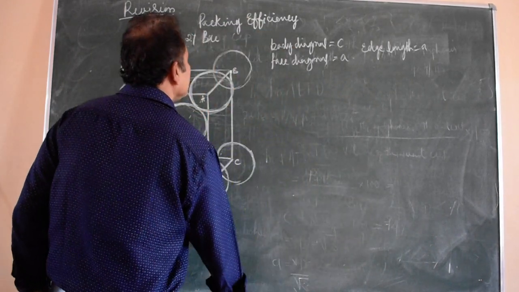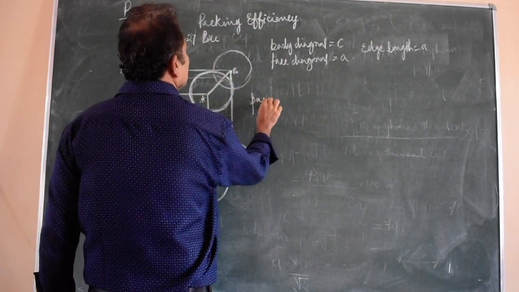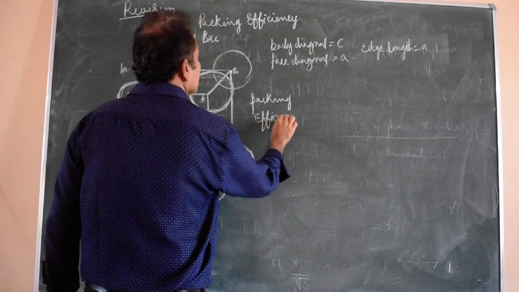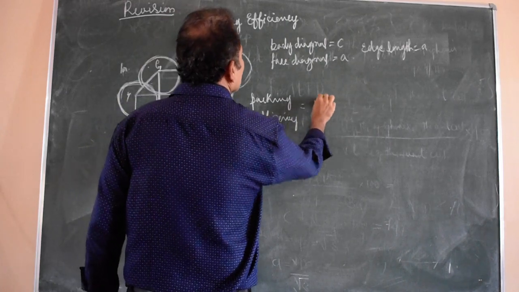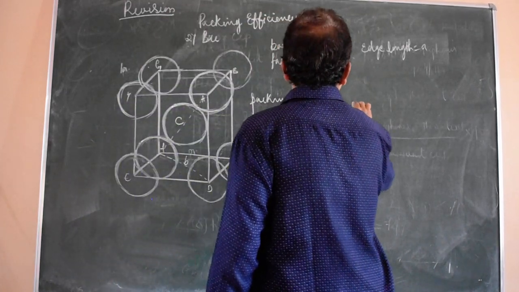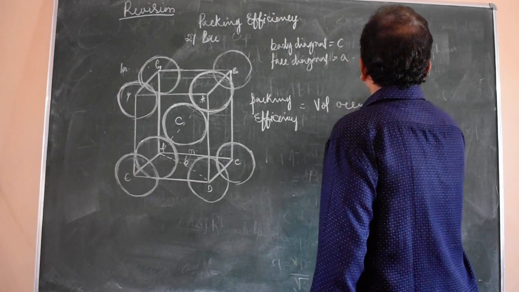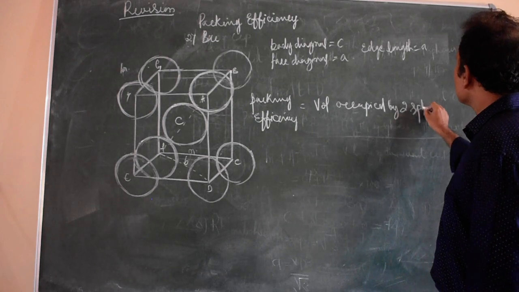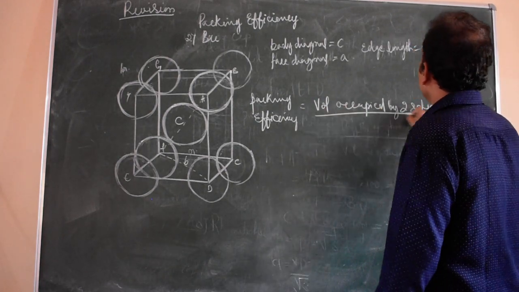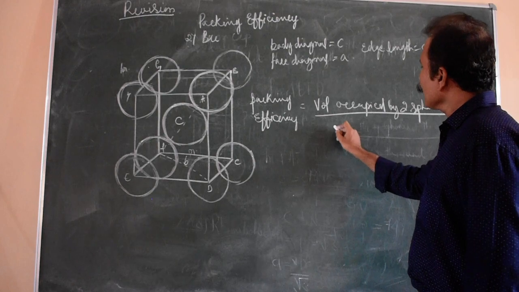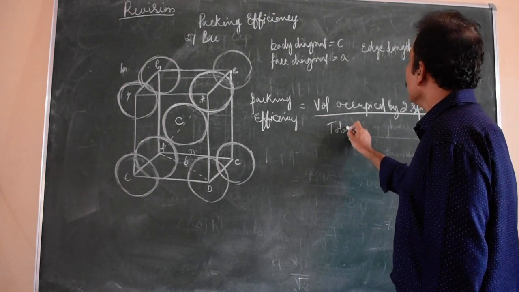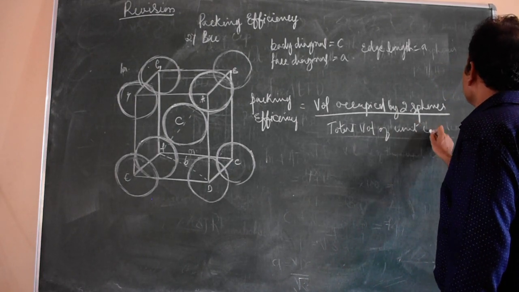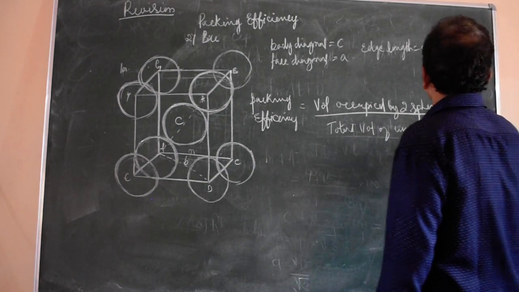So packing efficiency is equal to volume occupied by 2 spheres, because BCC will have 2 spheres or 2 atoms, divided by total volume of the unit cell, multiplied by 100.